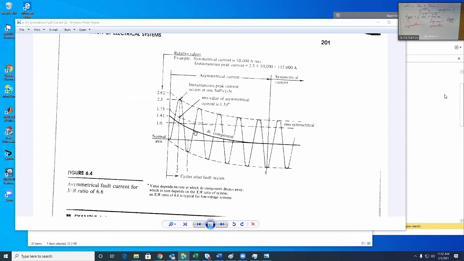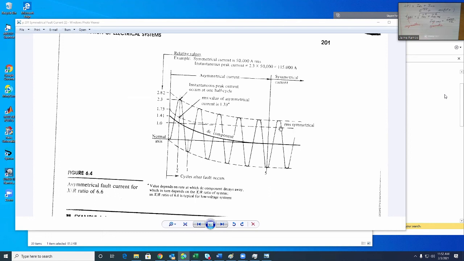So therefore, we need to be careful because these conductors are calculated for an ampacity of 1.0 RMS symmetrical, the ampacity.